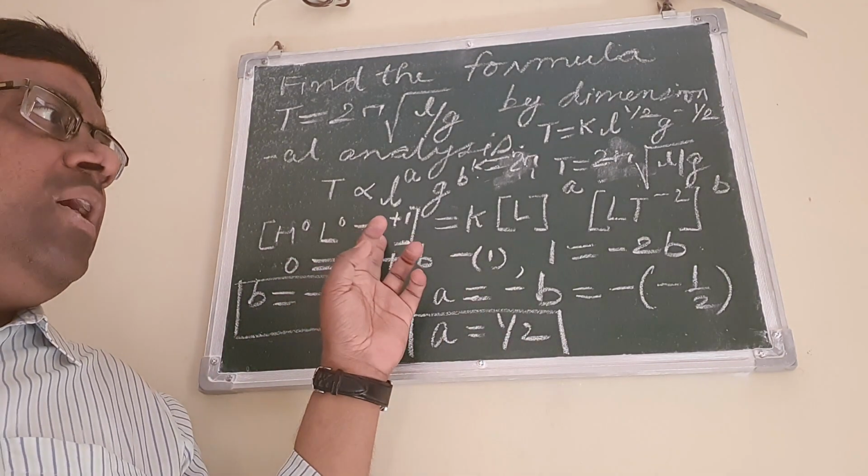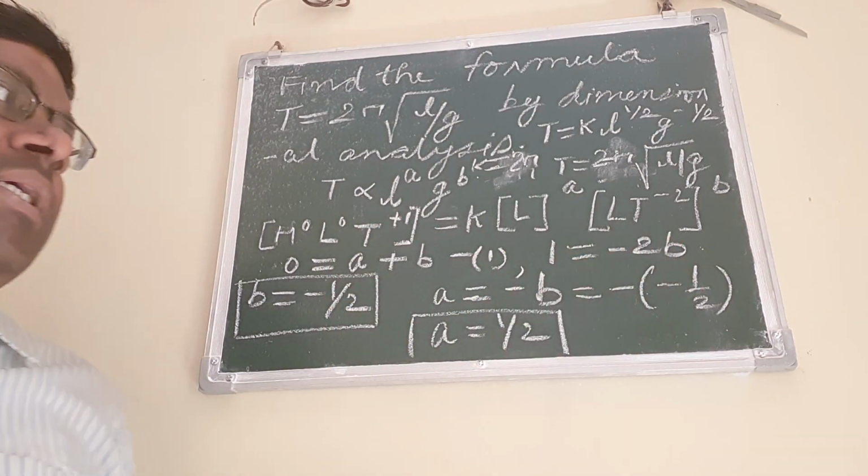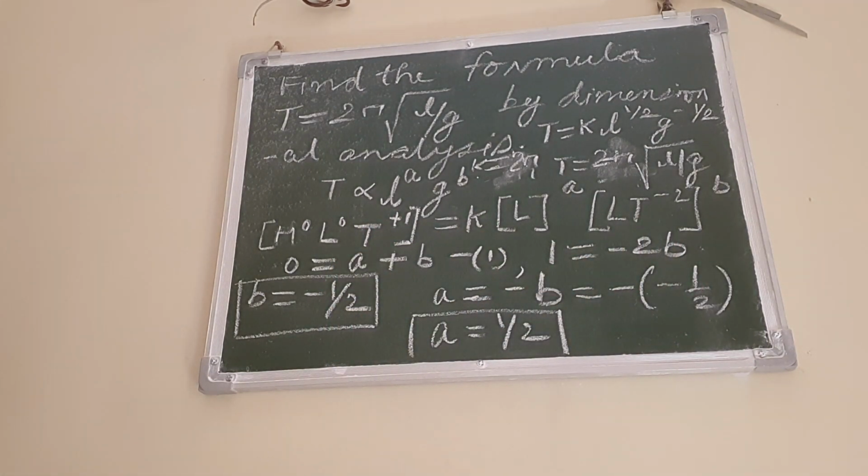Second equation, 1 is equal to minus 2B. So B is equal to minus half.